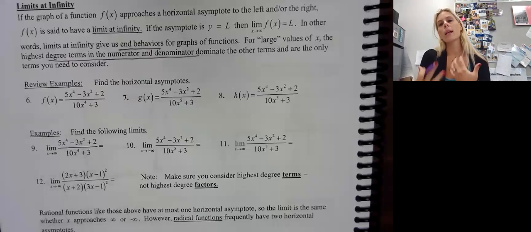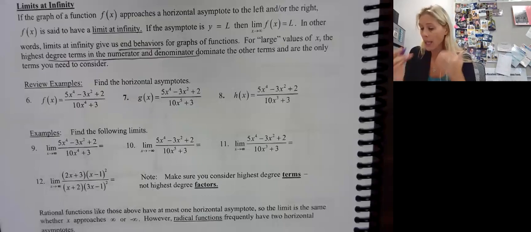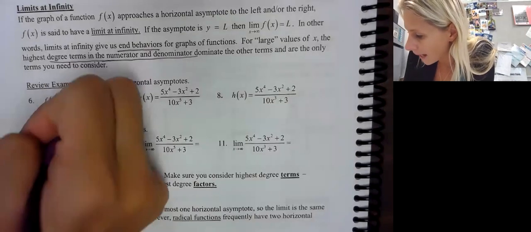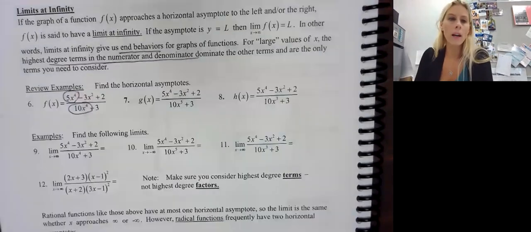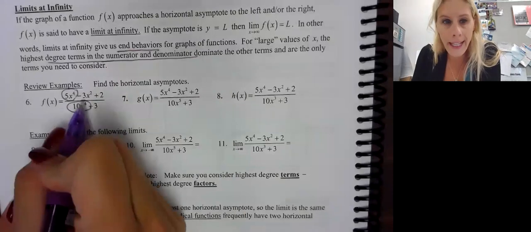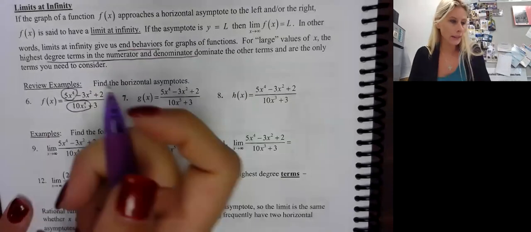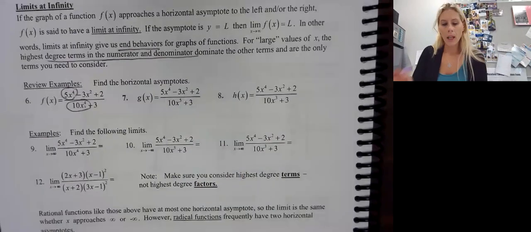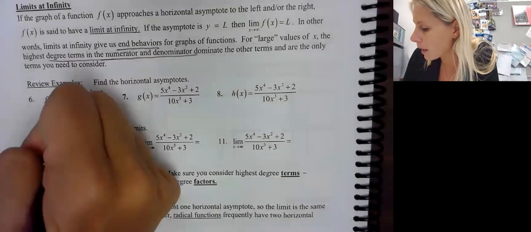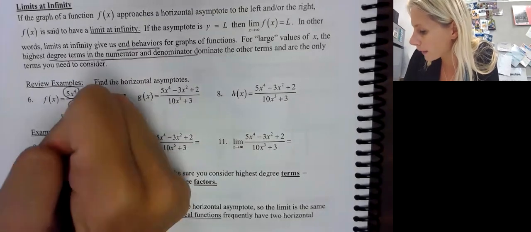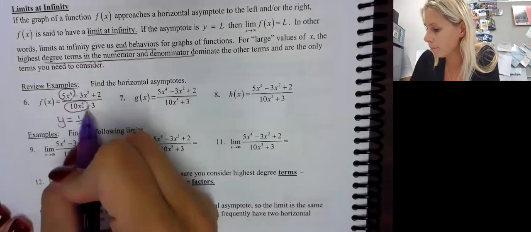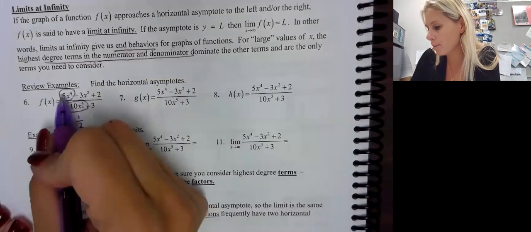When your exponents are the same, you have a horizontal asymptote at the ratio of the leading coefficients. So in this case, we have a horizontal asymptote at y equals 1/2, because 5 over 10 is 1/2. So when we have the same degree, it's the coefficients out front.